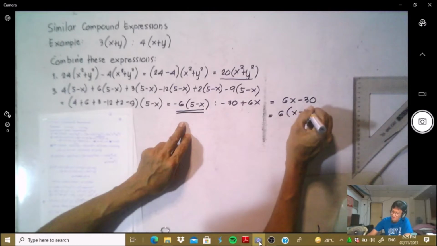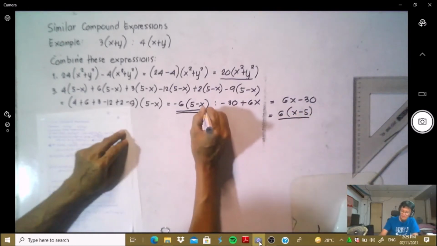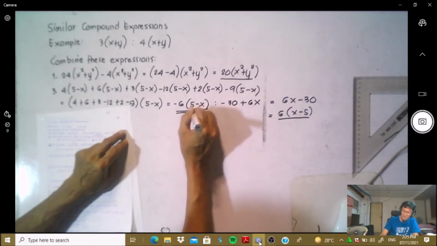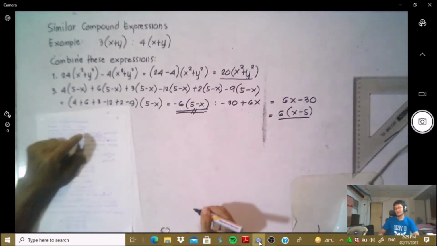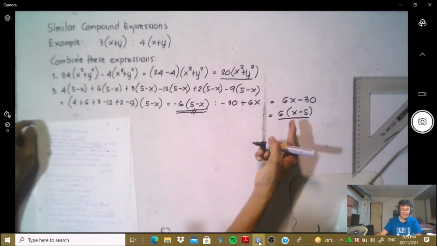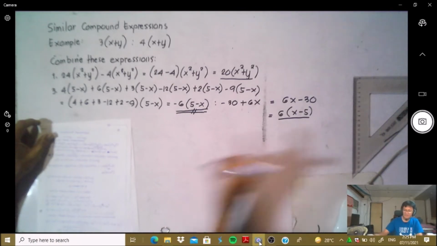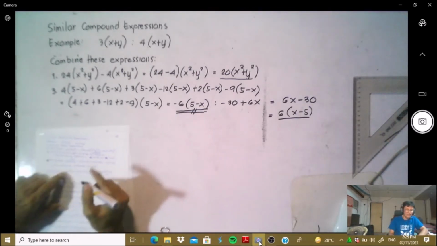So this can also be the answer. But we have to use this answer here. This is already correct. The difference is that here the first term is x, the variable, and the last is a constant. But we are just asked to combine the terms.